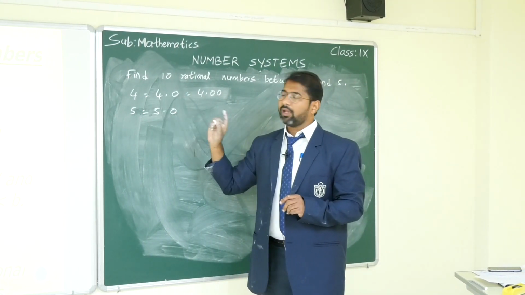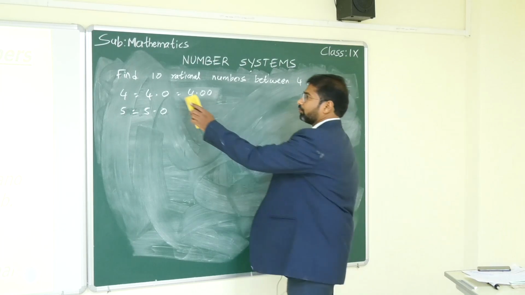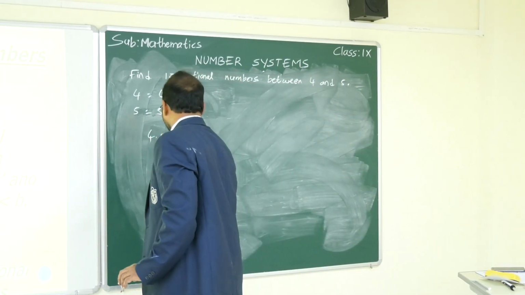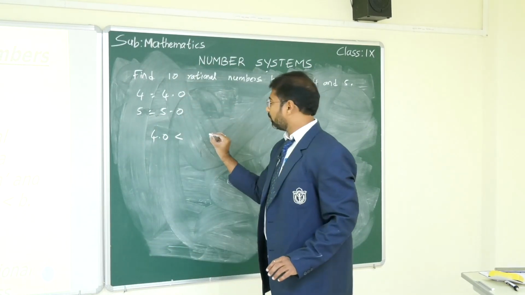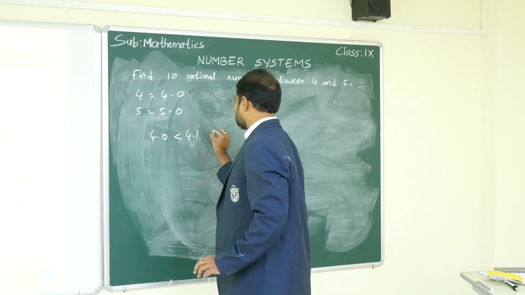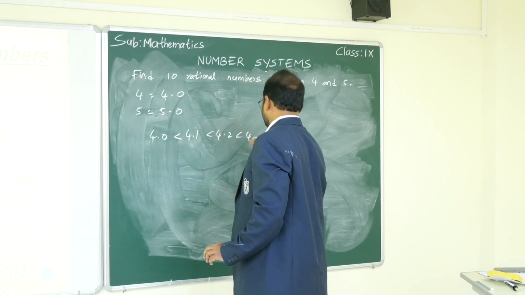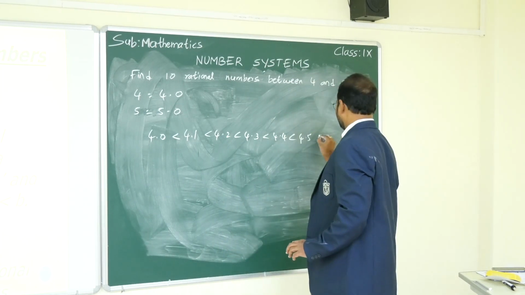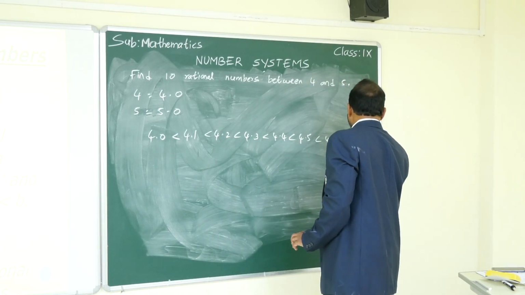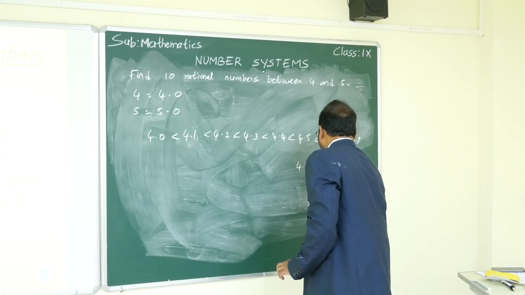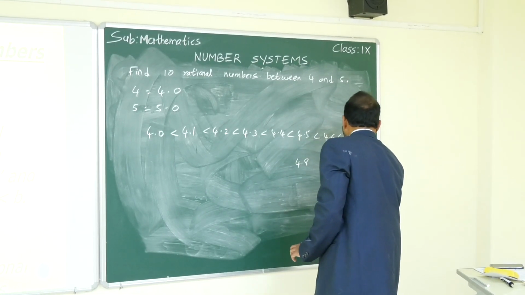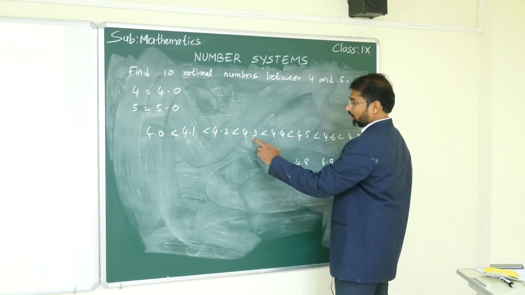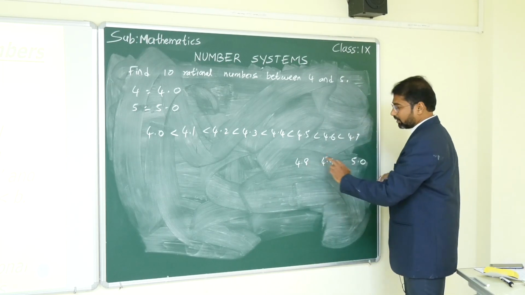Let us consider 4.0 and 5.0 now. 4.0 is smaller than 4.1, is smaller than 4.2, 4.3, 4.4, 4.5, 4.6, 4.7, 4.8, 4.9, and this is your 5.0. Let us see how many I have inserted. 1, 2, 3, 4, 5, 6, 7, 8, 9.